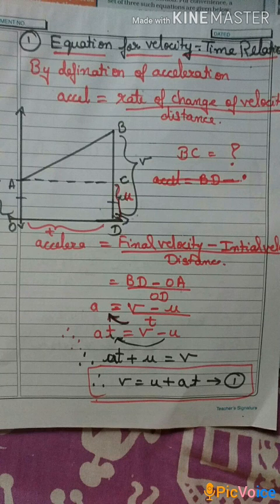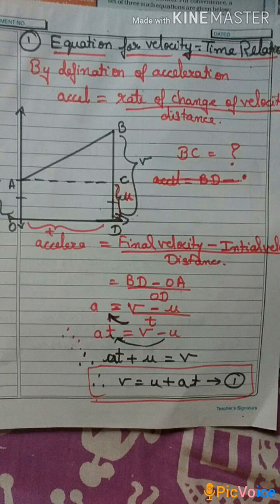So it can be written as acceleration is equal to final velocity minus initial velocity divided by time. Here the final velocity is BD, the initial velocity is OA, and the time is OD, as I have shown in the graph in the picture.